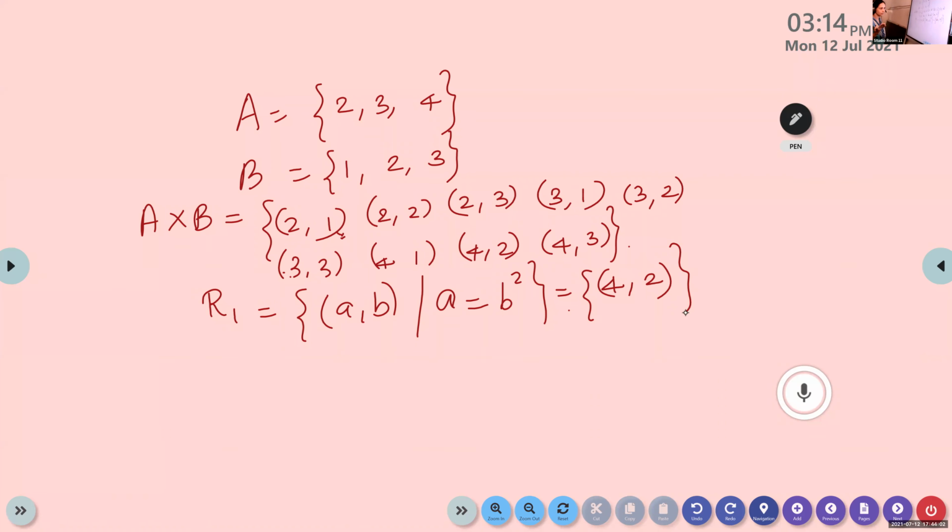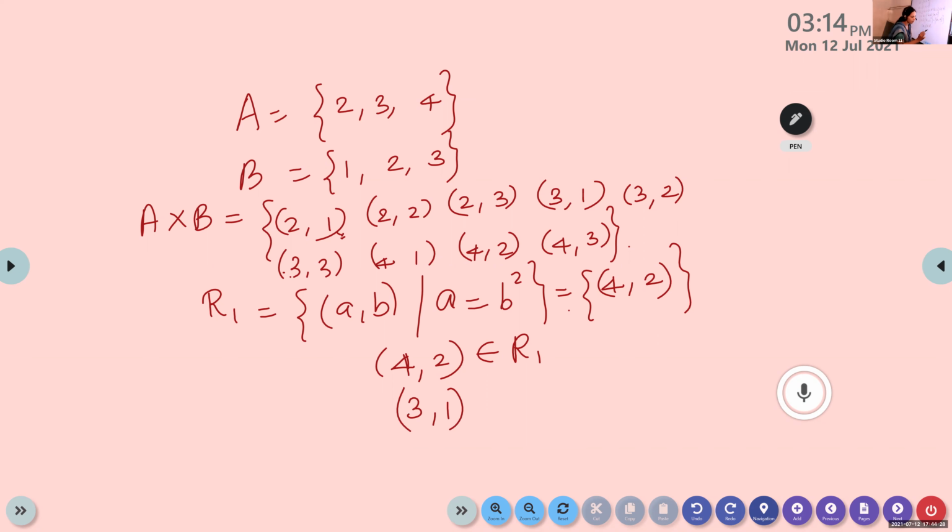We are not getting any. So listen, children, I'm going to give one notation here. Therefore, we can say the ordered pair (4,2) belongs to R1. What about if I take (3,1)? Is it belonging there?